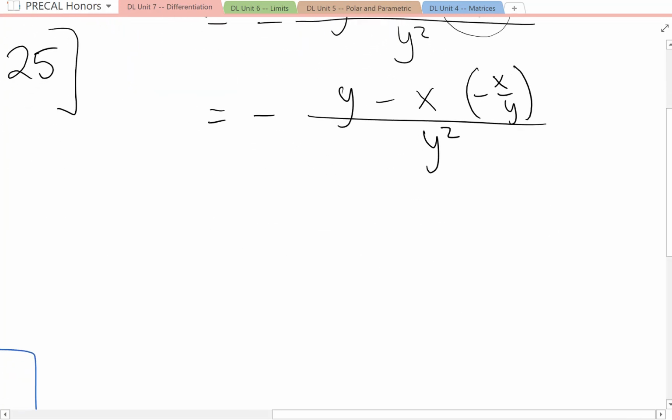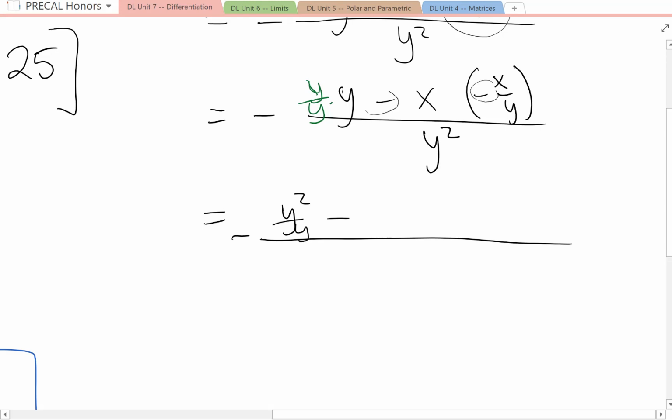Take a little bit of time to combine these and really simplify. So I multiplied this by y over y, so it would have the same denominator. So this is y squared, negative in front of the whole thing, y squared over y minus, so negative times a negative is a plus, so plus x squared over y, all of it being over y squared.